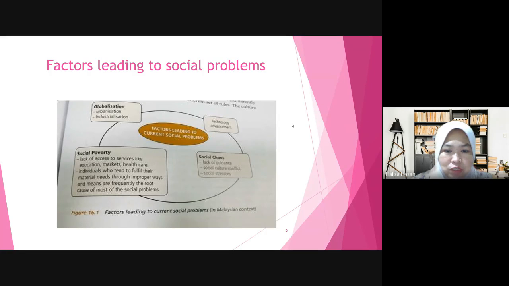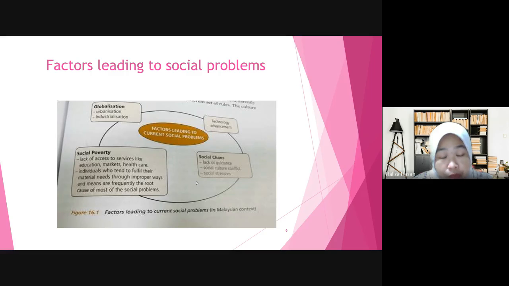Okay, and then social chaos. This one is among teenagers: lack of guidance, social culture conflict, and also social stress. So this happens among our teenagers. Okay, social poverty: lack of access to services like education, market, healthcare. Individuals who tend to fulfill their material needs through improper ways and means are frequently the root cause of most social problems.